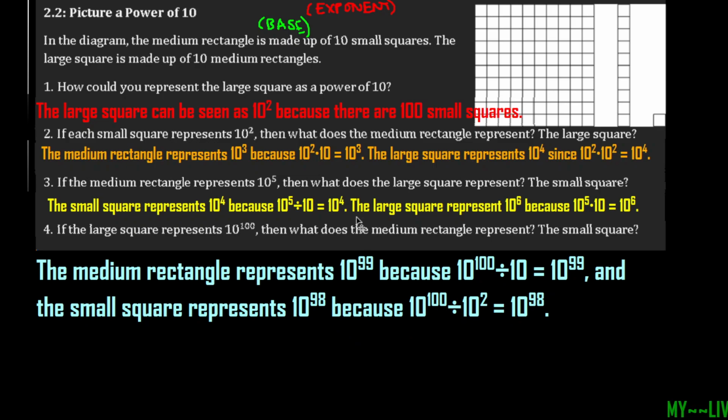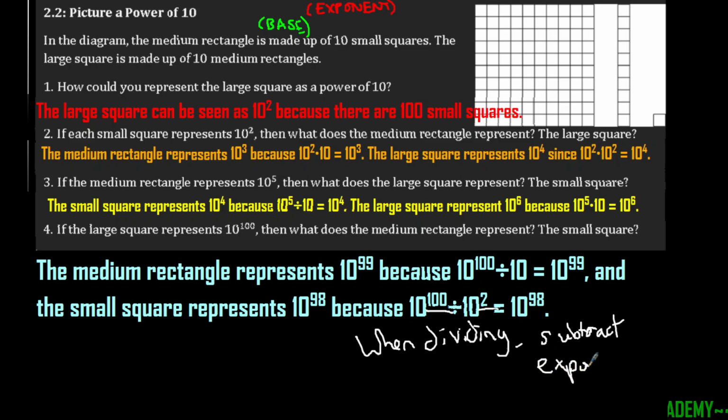It's like we're subtracting, so let me underline those two. When dividing, subtract exponents. However, when you're multiplying with the same base, you end up adding those exponents together.